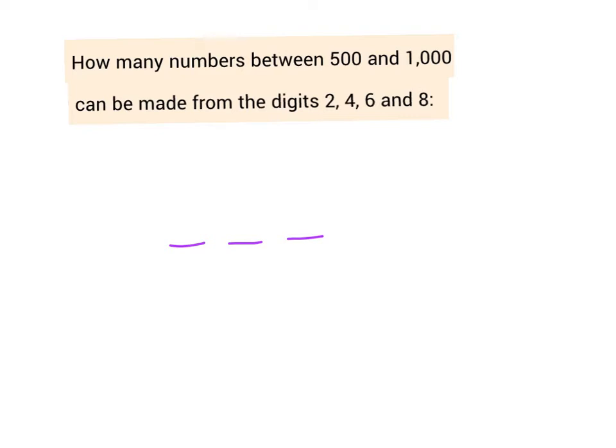It's made from these digits, so actually we could only go up as far as 888. And if it's between 500 and 1000, it has to begin with either 6 or 8. That is the first constraint, and it means we have 2 options in the very first place.